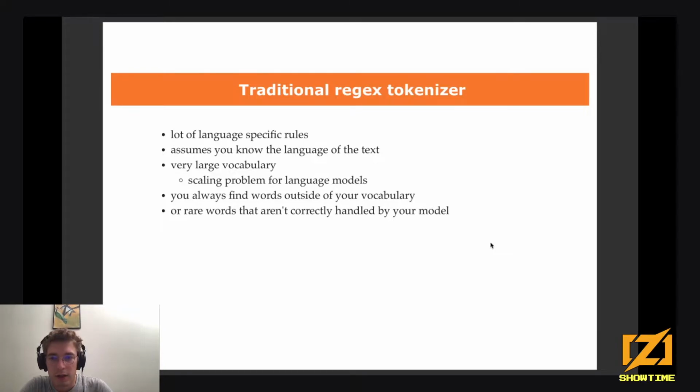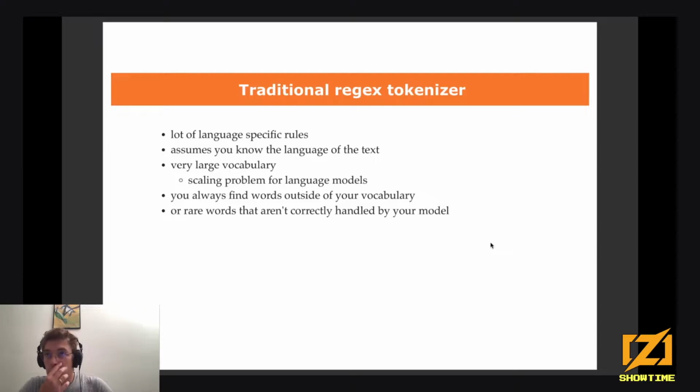And even if you have 1 million words of vocabulary, you will always find words that are outside of your vocabulary, that your model doesn't know how to handle. It would be proper names, person names, small cities. It will also be, as mentioned before for Turkish, people making new words, and so on.